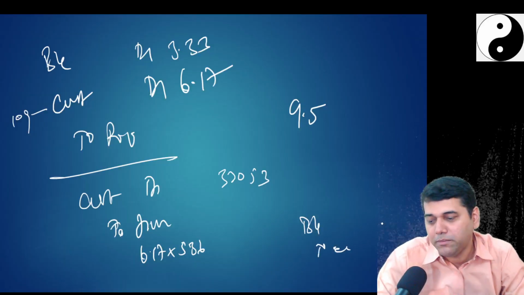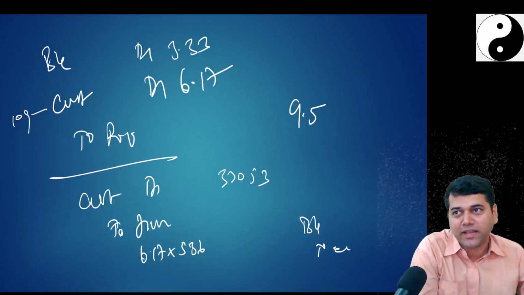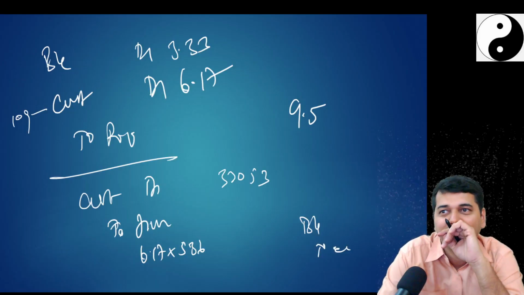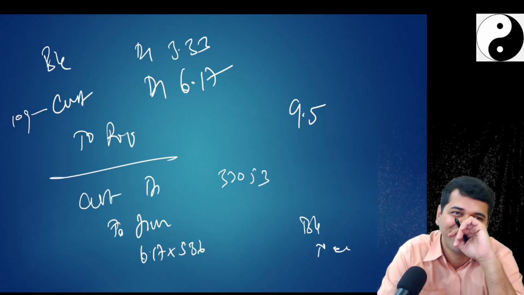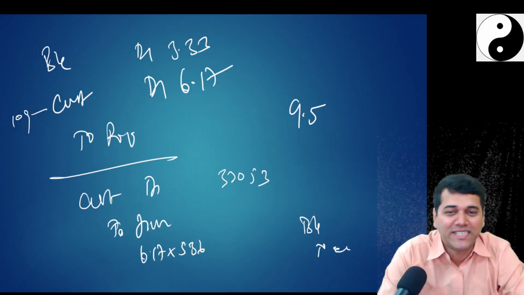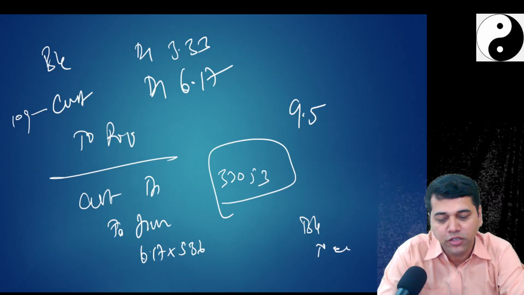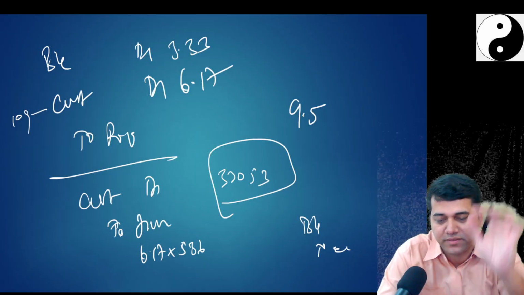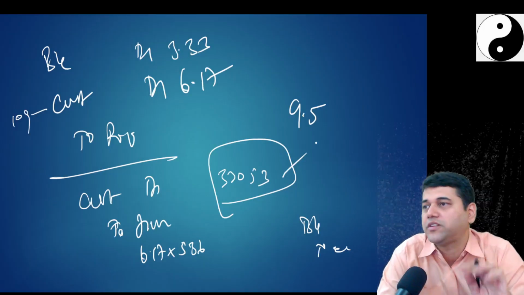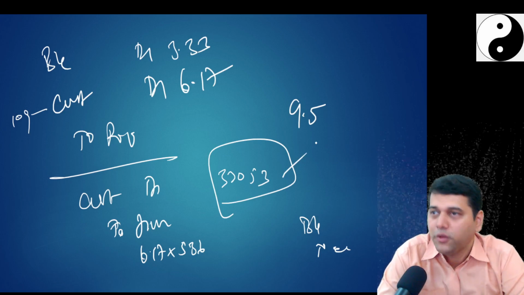Now you have to just tell me how much is my interest income in the second year. First year income is 33,053. How? 6,17,000 into 5.36%, 33,053. Do you have any doubt?